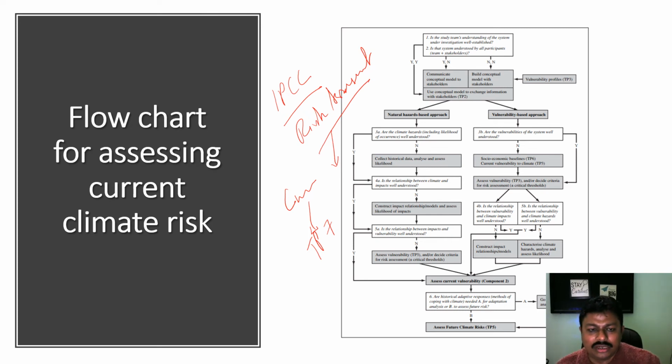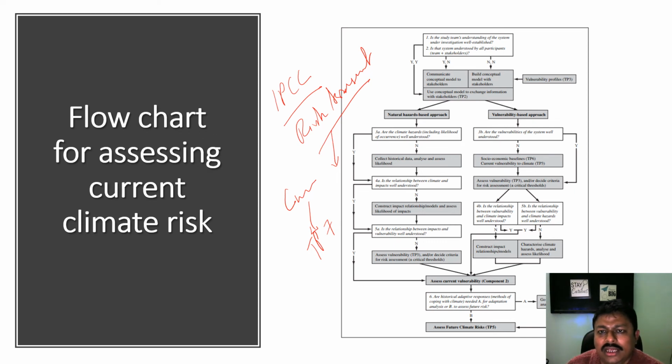So these flowcharts show how we can assess the current climate risk, and how you can reduce the impact of that risk. So as you can see, that is the study team's understanding of the system. The system under investigation is well established if the system is understood by all participants.